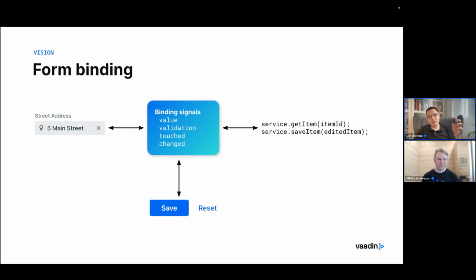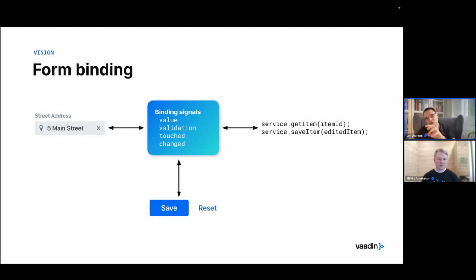Next thing is kind of downwards in this diagram. So if each binding also has a touched state, change state, those are just booleans, then for the whole form, you could also very easily have a computed signal that is any field touched, is any field changed. And that's something you might want to bind to whether the reset button is enabled or save button is enabled and so on.